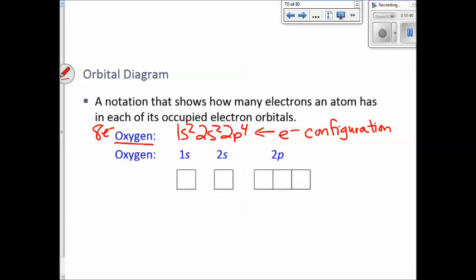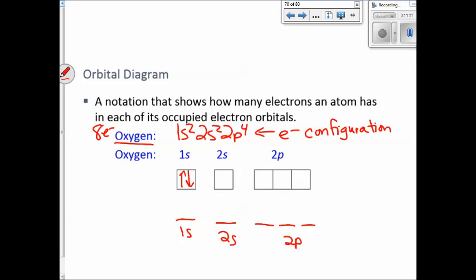Orbital diagrams are boxes and arrows. Arrows are the electrons, or sometimes they put them as lines with the labels underneath, like so. If you're going to use arrows on the lines, those are also considered orbital diagrams. So following our Aufbau principle, we fill the 1s first.